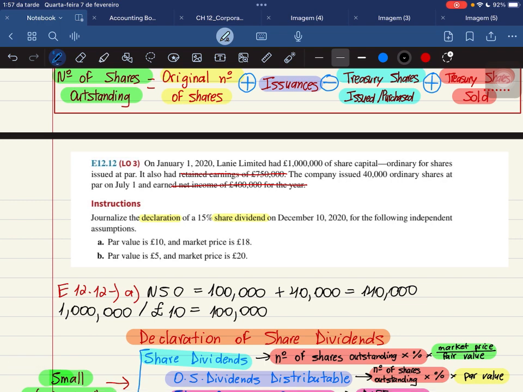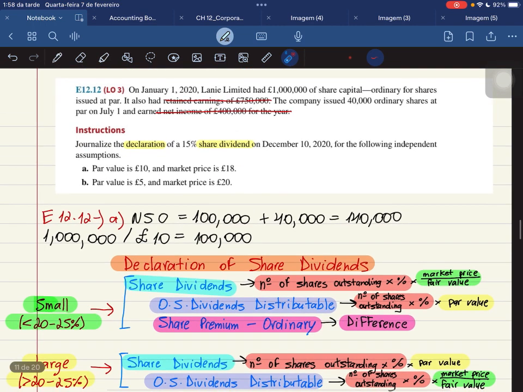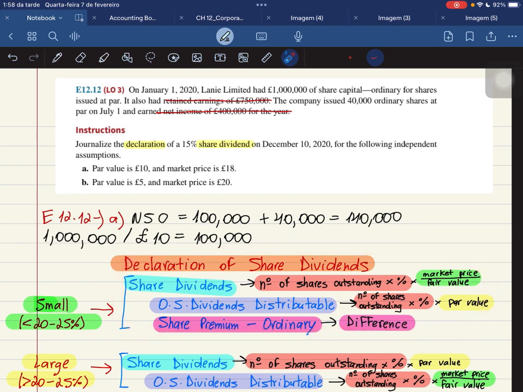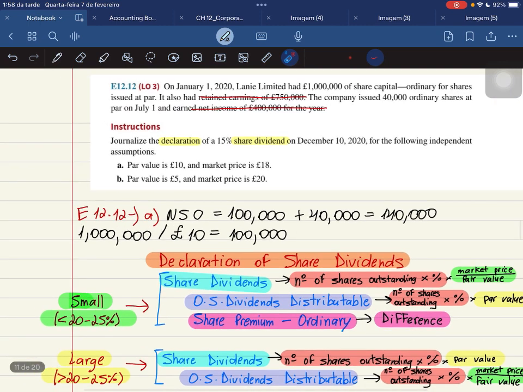Letter B is asking us to do the same thing, but we just have to change the numbers. Now, here you have to be very careful because you might just start wanting to write that entry over here and just start calculating the numbers. The problem with that is that our number of shares outstanding is going to be different, right? Because how did we get that number in the first place?